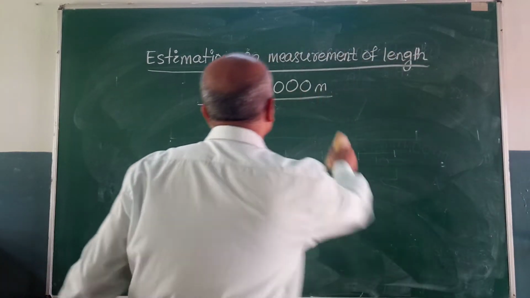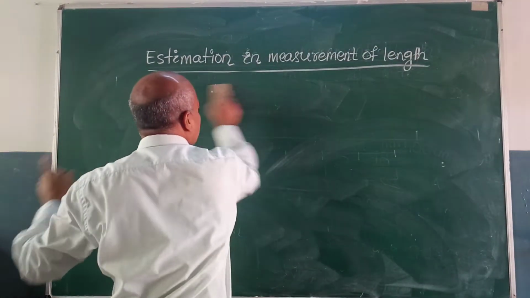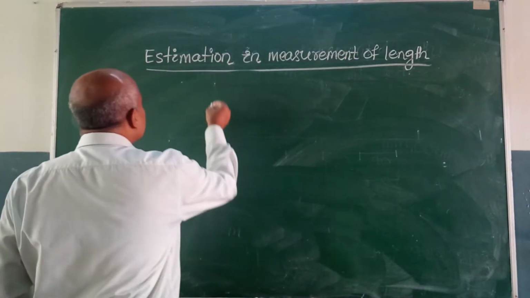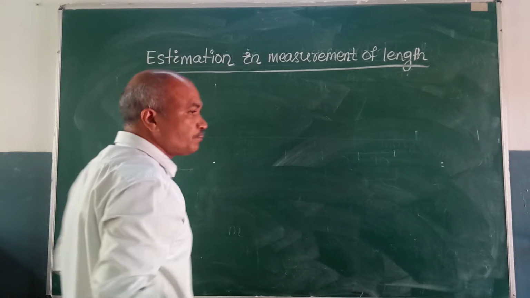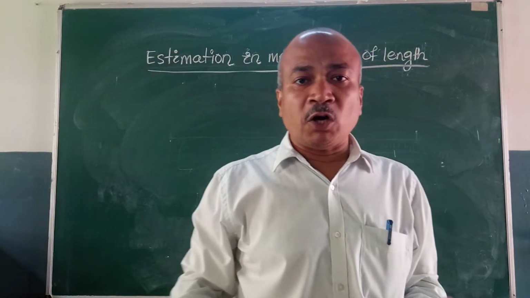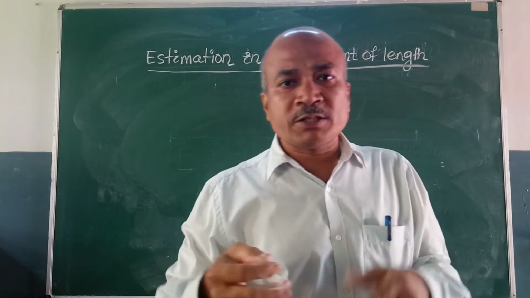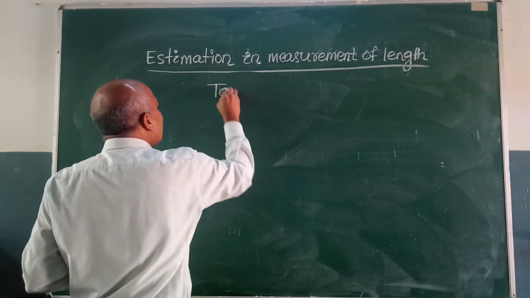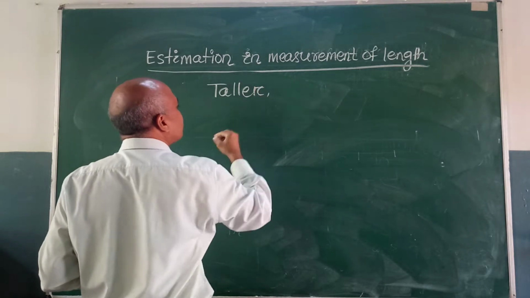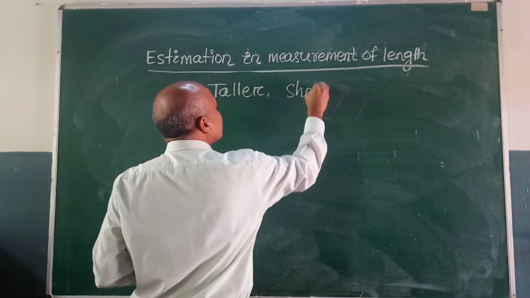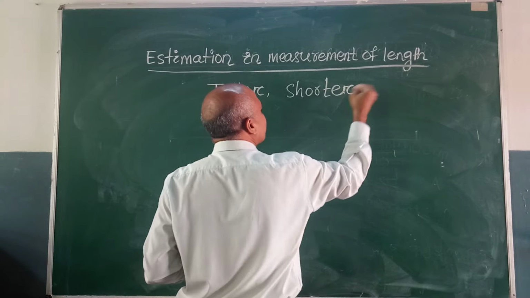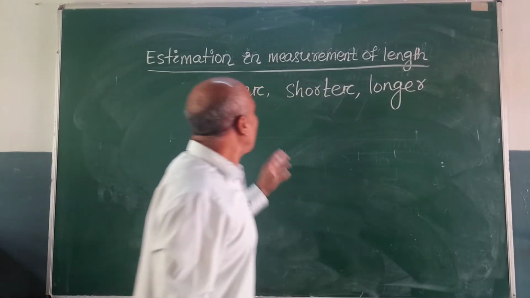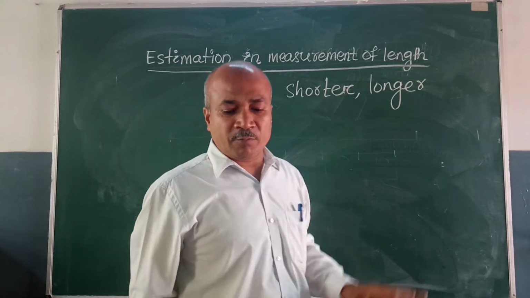Now coming to two terms that you will use, they are taller or longer or shorter. See, while you are measuring with taller or shorter or longer, these all are relative terms.